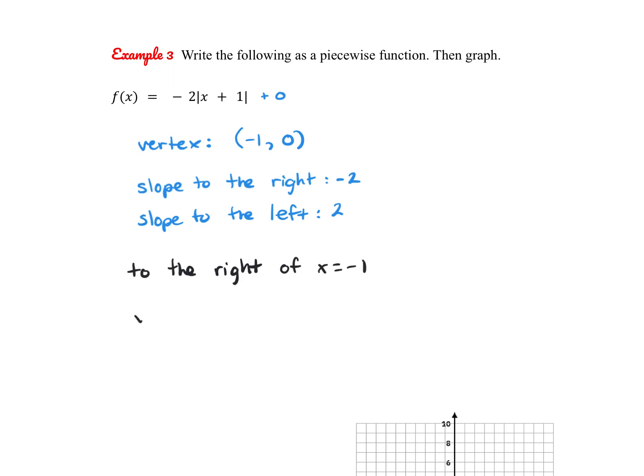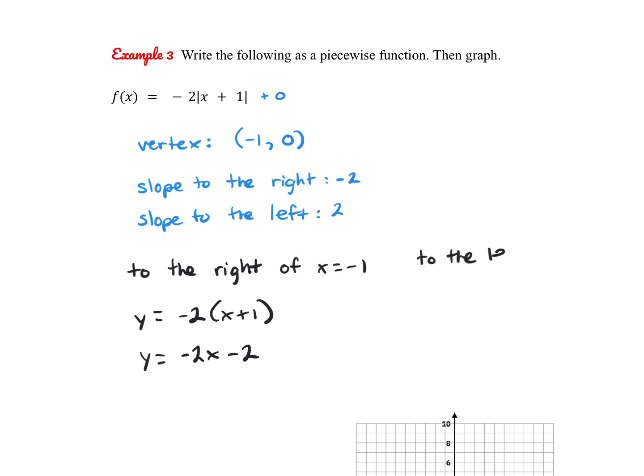We essentially just turn our absolute values into parentheses. It's essentially saying we're looking at the values that were already positive, so the absolute values aren't doing anything. So it just becomes this, and then we'll just simplify that. So -2x minus 2.